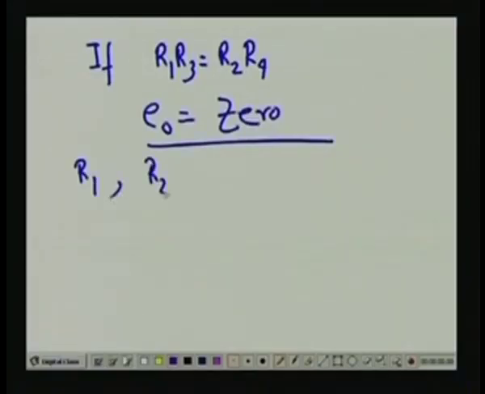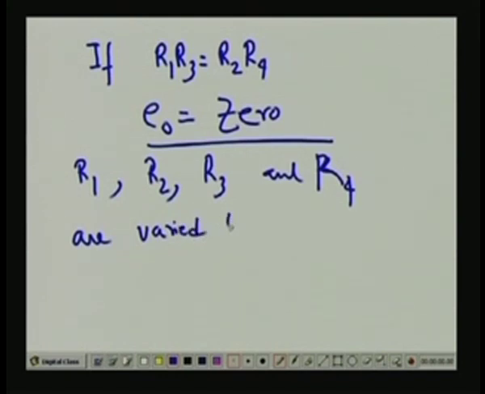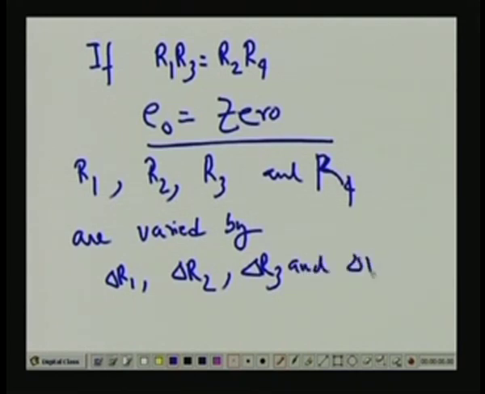If so, we assume that the resistances R1, R2, R3 and R4 are varied by delta R1, delta R2, delta R3 and delta R4 respectively.